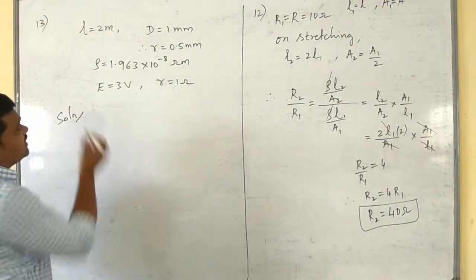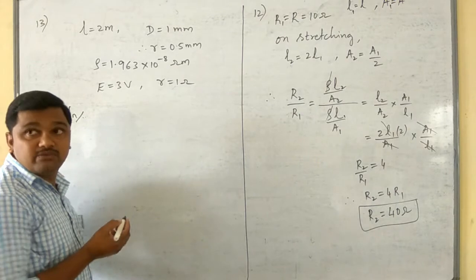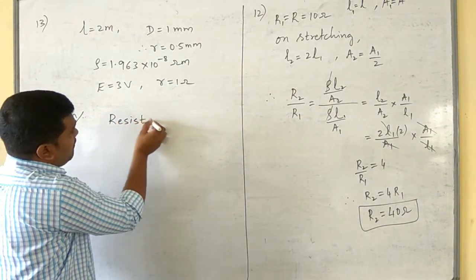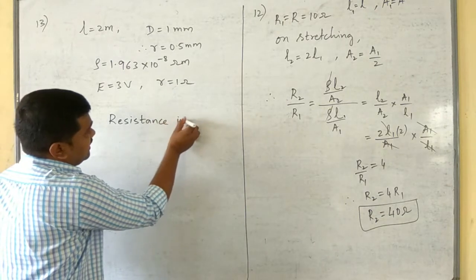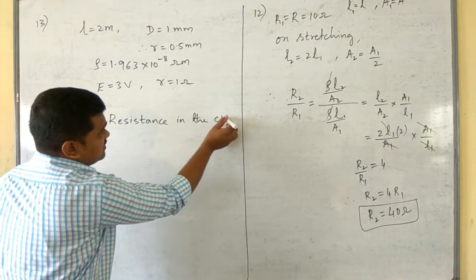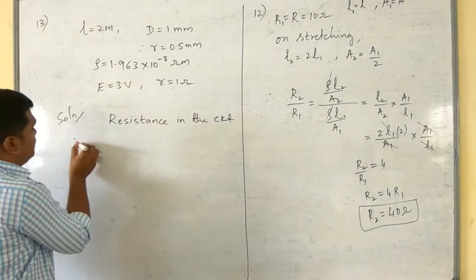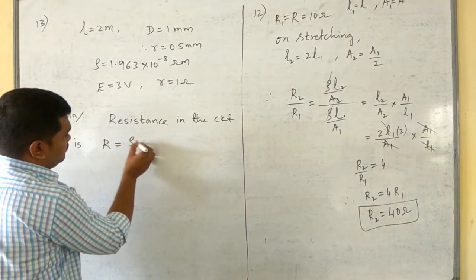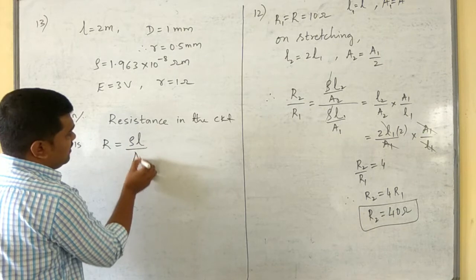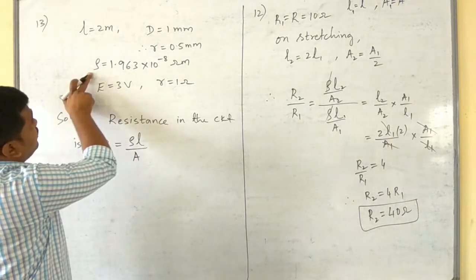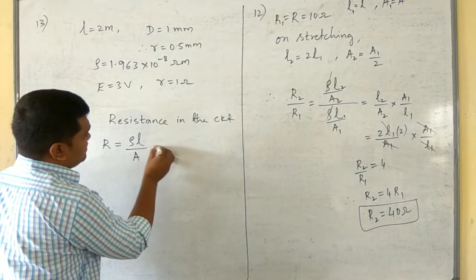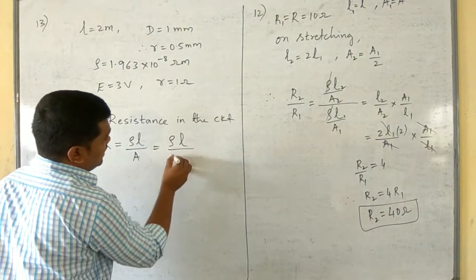How to calculate the resistance in the circuit? Very simple. Resistance in the circuit is R is equal to rho L by A. Rho we know, L we know, A for A use pi r square.